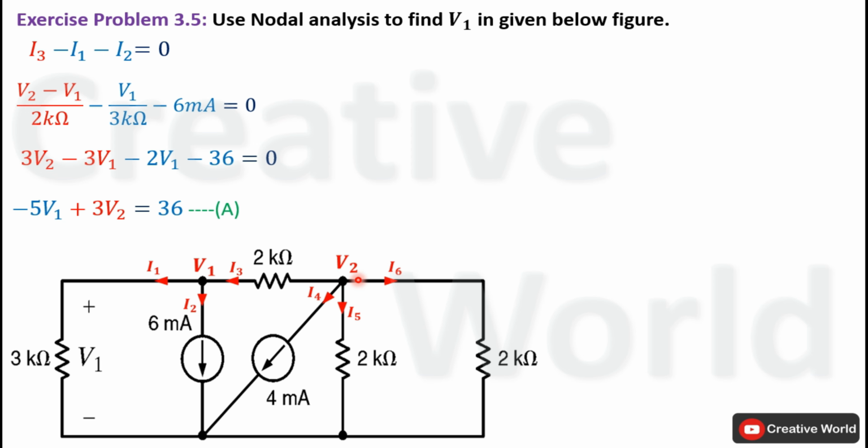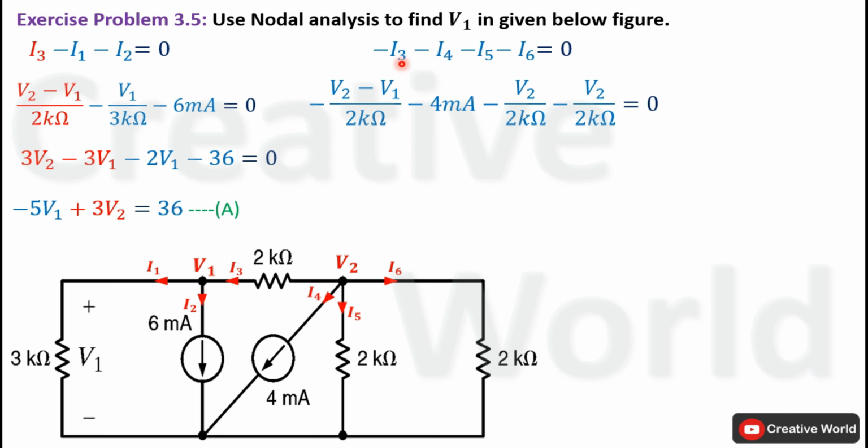On this node, all currents are leaving. So KCL equation for this node will be minus I3, minus I4, minus I5 and minus I6 equal to 0. Because all currents are leaving, all currents are taken with negative signs. In next step, we have to replace all these currents with their respective equations. The equation of current I3 as we have calculated in previous step is equal to (V2 minus V1) divided by 2 kilo ohm.